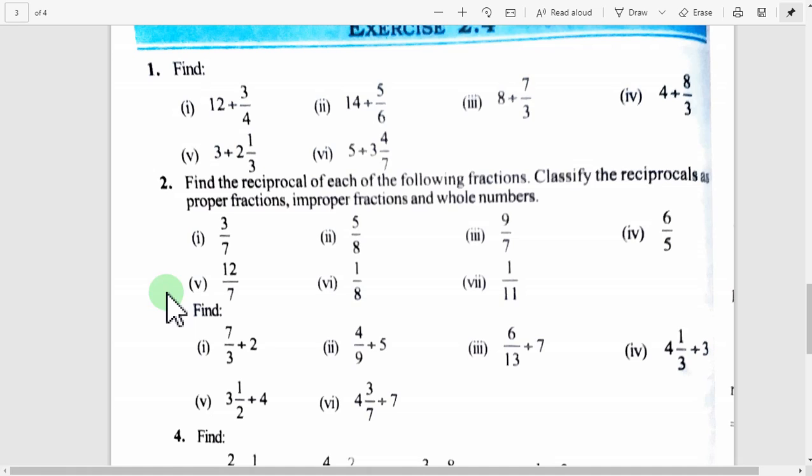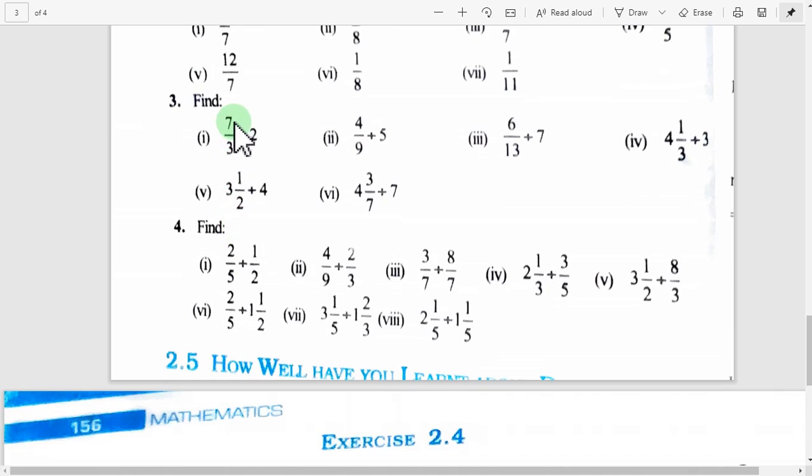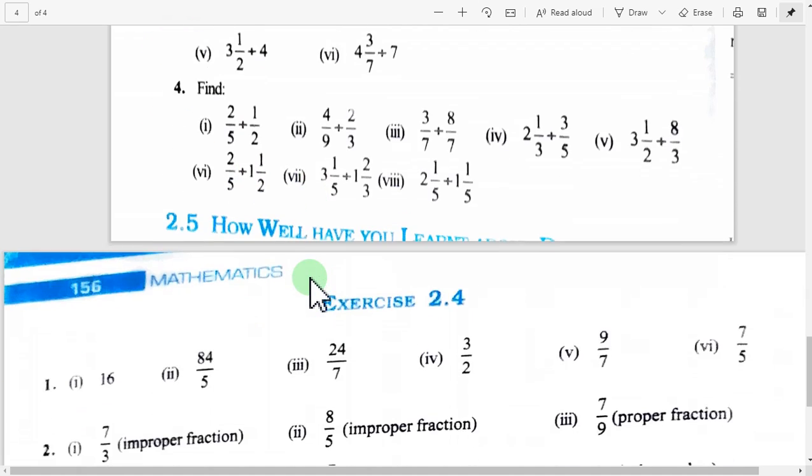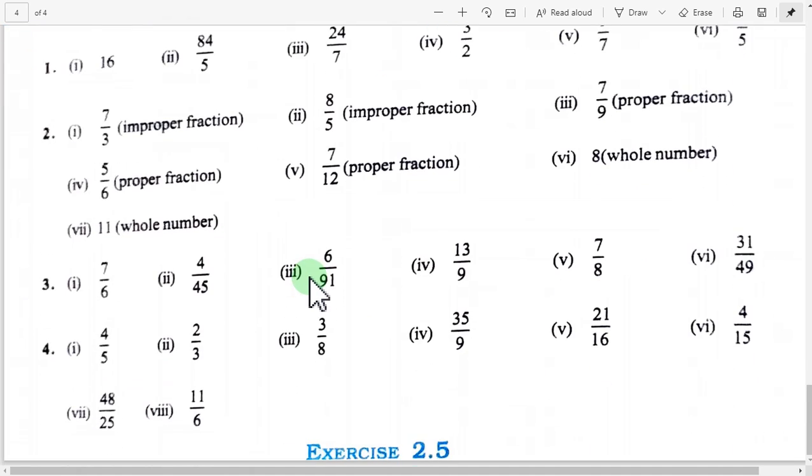I have just now explained the reciprocal and then classifying them as improper, proper and whole numbers. This is a fraction by a whole number and this is a fraction by a fraction. All these three types of sums I have explained, and here the answer page is there. Check your answers from the answer page. Do homework. Sincerely do homework, children. Thank you, children.